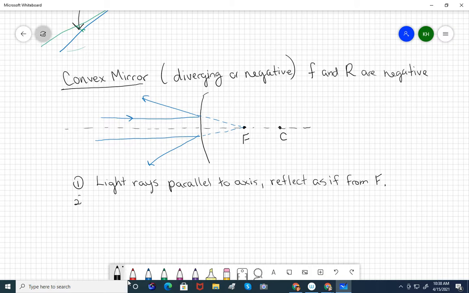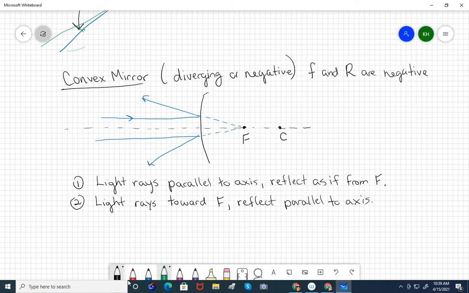Or light rays toward F reflect parallel to the axis. That's just the reversibility.